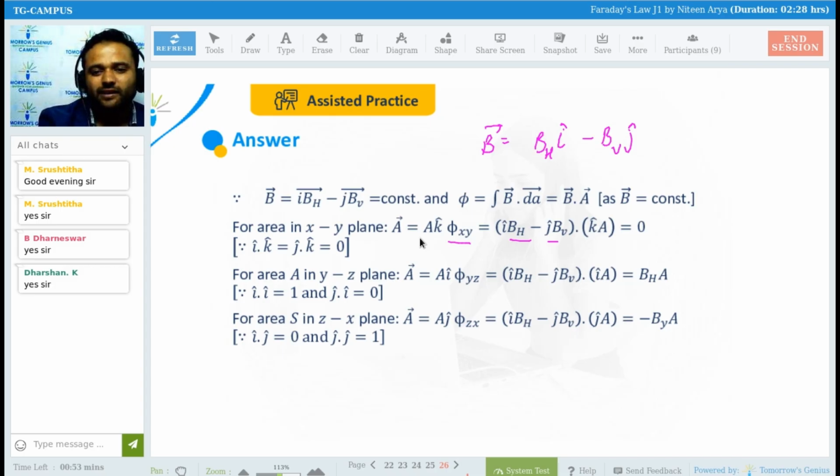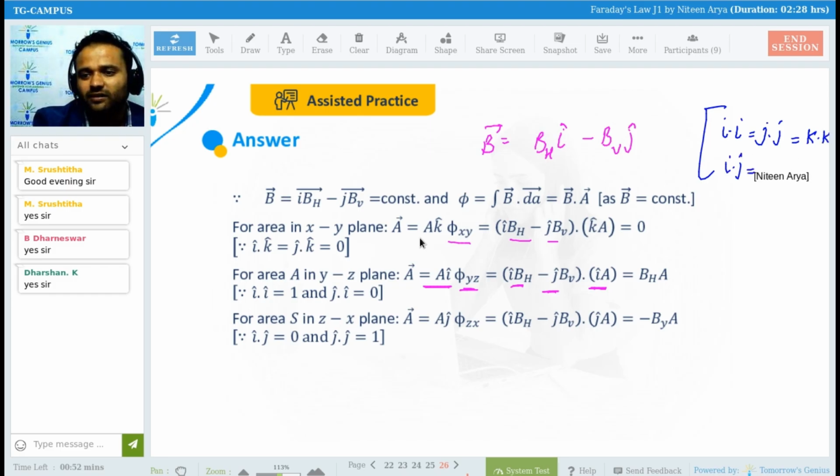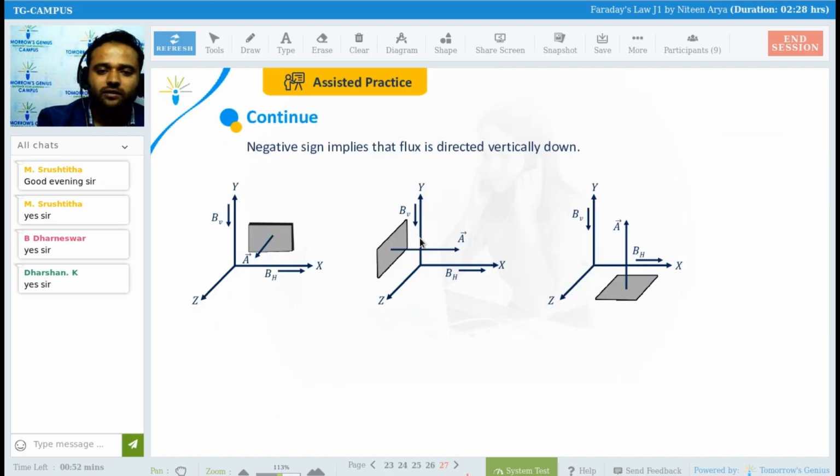For ZY plane, A is I. So phi YZ. Now I into I gives me 1, J into I. Vector notations are there. I dot I, J dot J, and K dot K gives me 1. Other than this, I dot J, J dot K, K dot J gives me 0. Okay, so this is everything going on here.